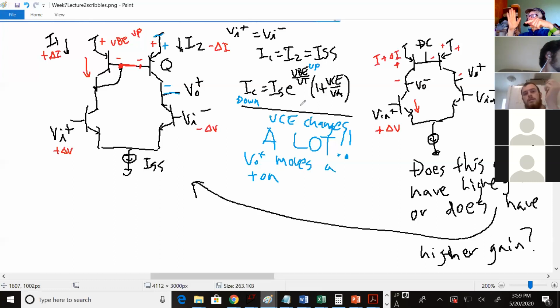If you turn the current up, it turns VBE down. If you turn the current down, it turns VBE up on this side. And that makes VCE have to work harder, and it gives you better gain. So that's what the LM13700 looks like. And we'll actually do the LM13700 in class in one of these practices.